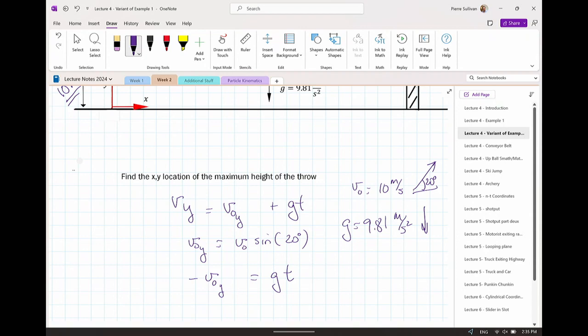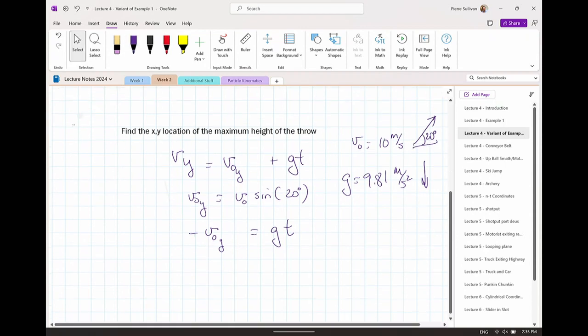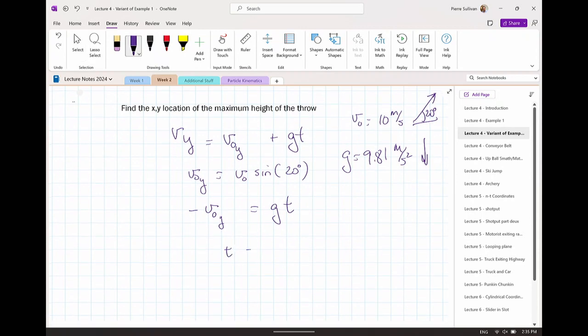But g is negative, so I'm not going to get a weird number, or a weird time. So time is equal to v naught y divided by the magnitude of g, which yields 0.35 seconds. So if I know it's 0.35 seconds to get to 0, I know how long it takes to get to the peak.